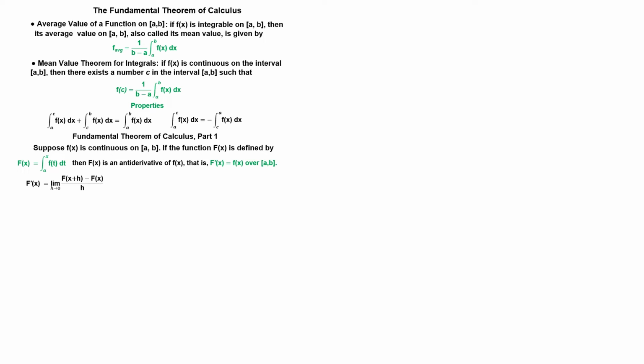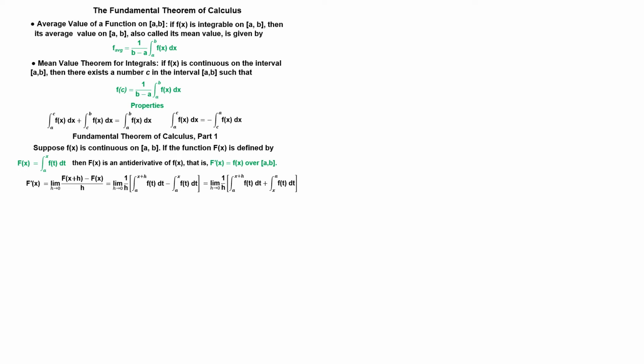Apply the definition of the derivative directly to the function when x and x plus h are in the interval [a, b]. When we replace f of x plus h and f of x with their defining integrals, the numerator becomes the following. Using the properties above, we can rewrite the equation as follows.